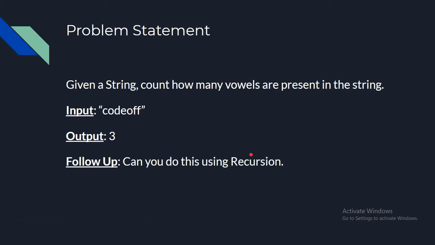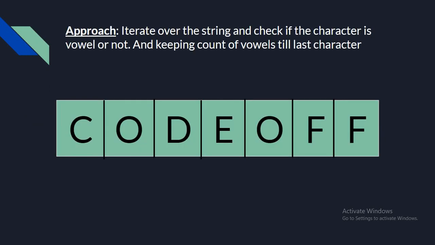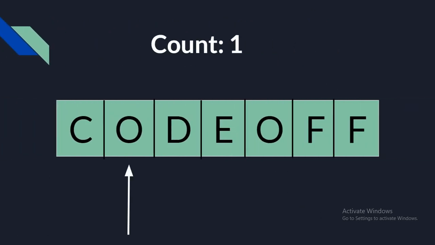Let's see. Okay, let's do the iterative approach first. In the iterative approach, we check every character of the string. Let's suppose we start from the first character. We got C, then we got O. C was not a vowel, O is a vowel, so we increase our count.